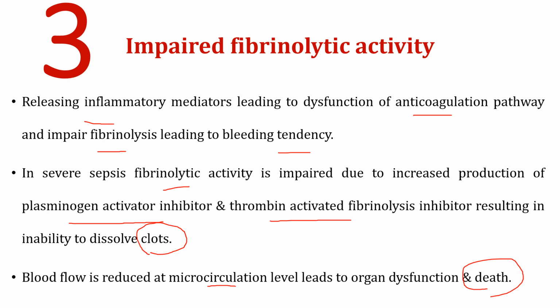For example, in a patient with severe sepsis, fibrinolytic activity may be impaired due to increased production of plasminogen activator inhibitor and thrombin-activated fibrinolysis inhibitor. All these factors result in inability to dissolve the clot. The blood flow will be reduced at the microcirculation level, and finally organ dysfunction and death will occur.